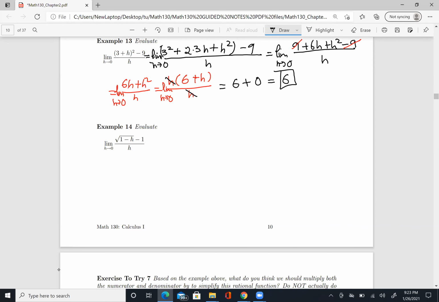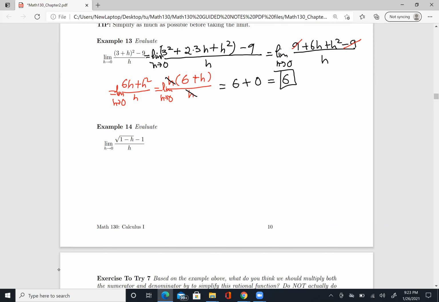So you cannot direct substitute. But what should you do in this case? Can you see, can you factor something? Sometimes it's not easy to factor, right? You see that there's no common factor between the two terms on the numerator, but I see there is a square root here.